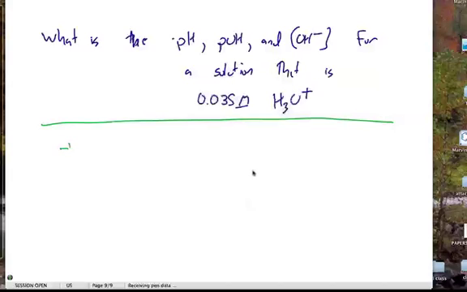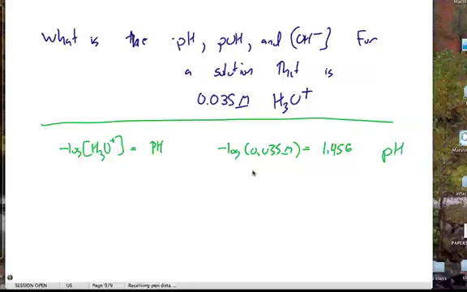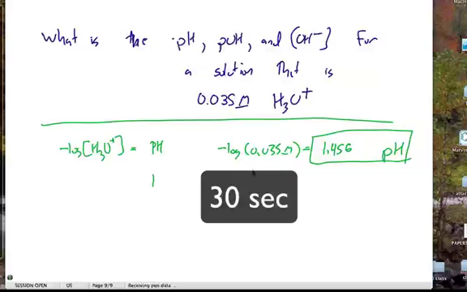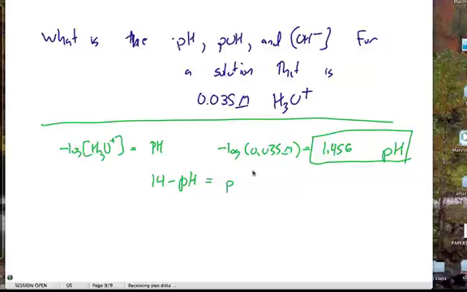So first is negative log of the H3O plus concentration will equal pH. 0.035, negative log of 0.035 molar is equal to 1.456. So this will be the pH, and then we can subtract that. 14 minus pH will equal pOH.